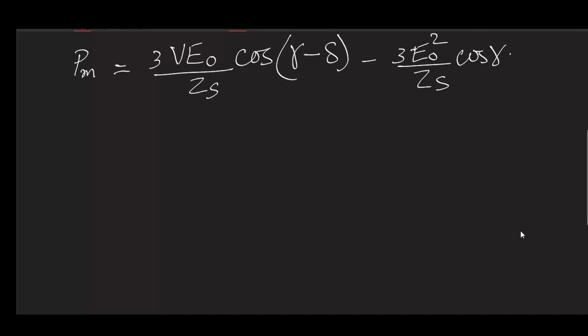For a given machine this part is constant, and the only part we can vary is delta, so we make this equal to 0. That gives us maximum power transfer, or maximum mechanical power will be developed when this is 0.